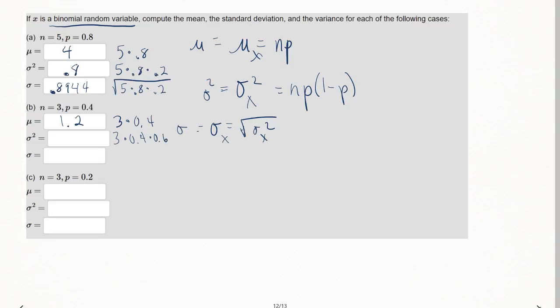You go 1 minus 0.4, you get 0.6. So notice if we take 1.2 times 0.6, we'll get 0.72. And this would be just the square root of the variance, so the square root of 0.72, and we have our answer of 0.8485.